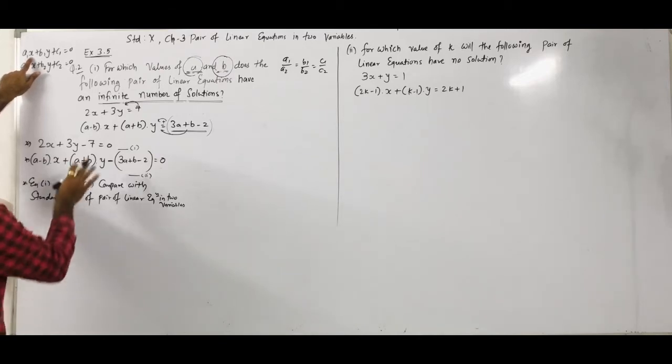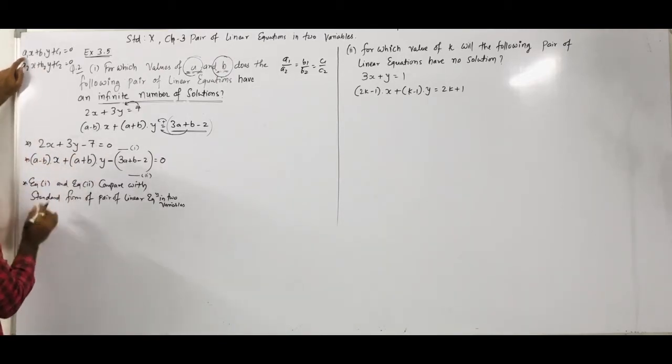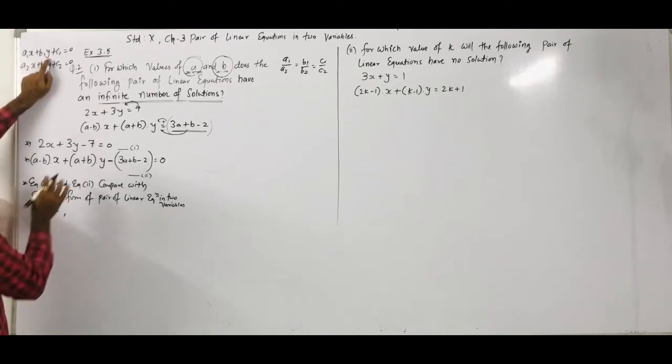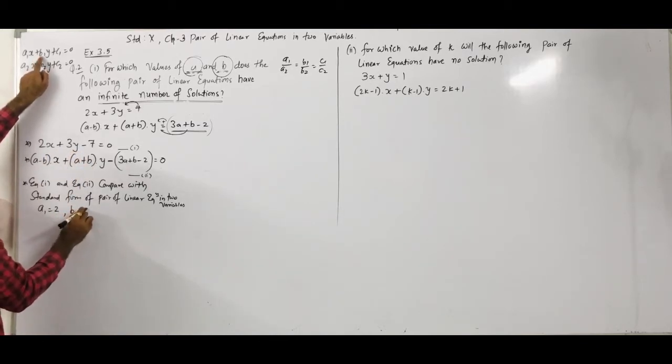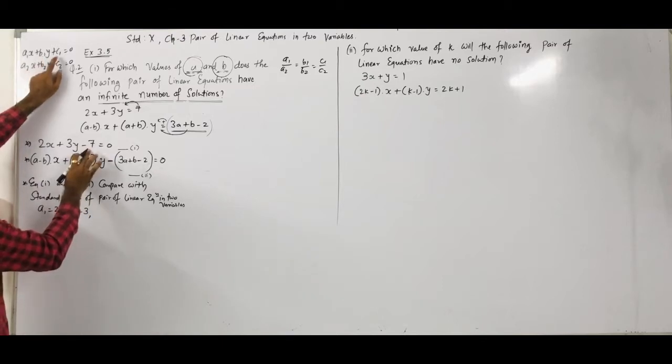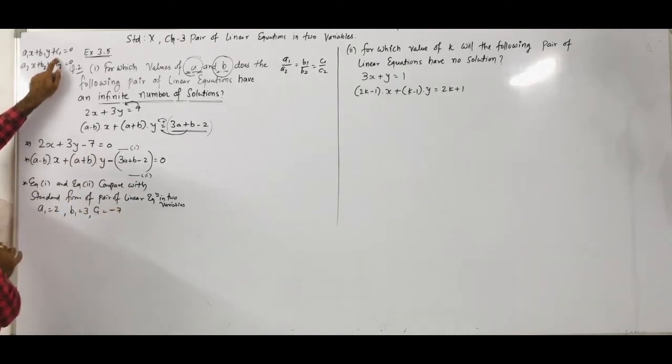In the first equation we compare with the first one. The x coefficient is a1, and here it is 2, so a1 is 2. The y coefficient is b1, and here in the given equation it is 3, so b1 is 3. Here c1 is the constant term, which is minus 7, so c1 is minus 7.